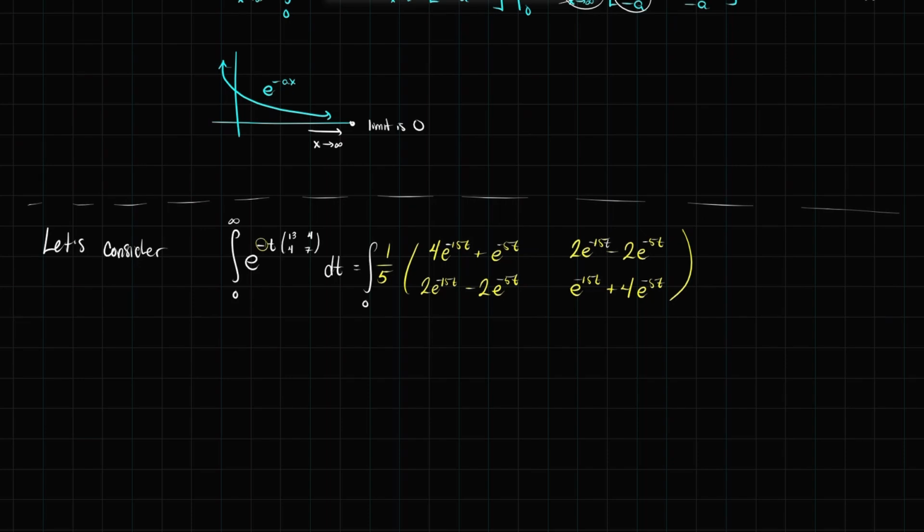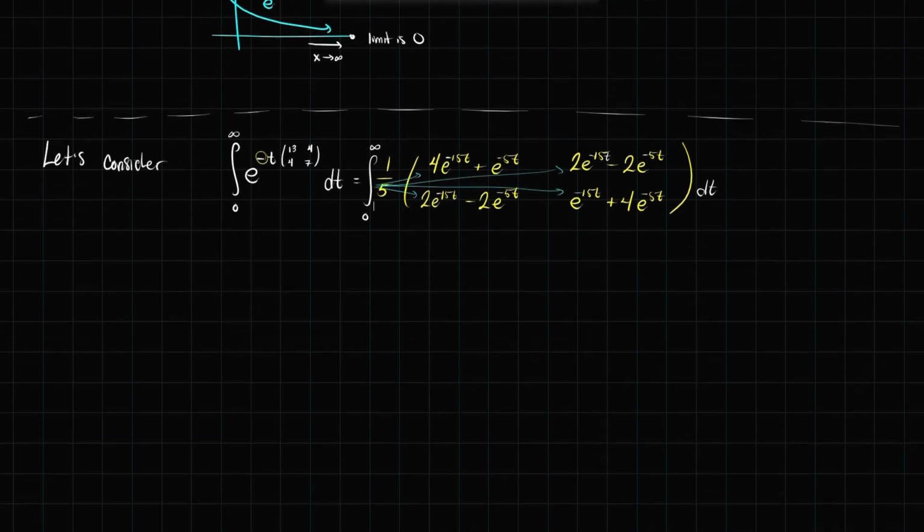I'm going to integrate this from 0 to infinity in t. And it turns out that we can just apply this integral to every entry. So we'll go ahead and apply the integral to every entry, and this gives me 1/5. I have 4 times the integral from 0 to infinity of e to the minus 15t dt, and then I have another integral from 0 to infinity of e to the minus 5t dt.